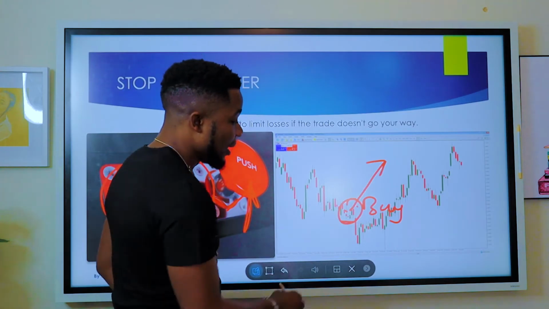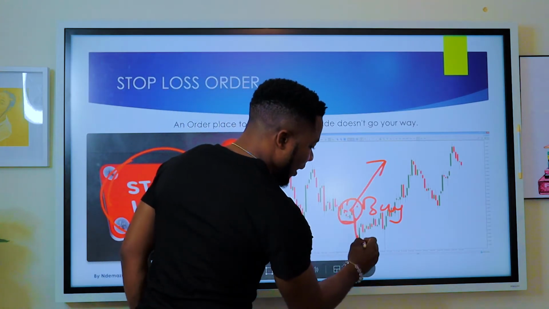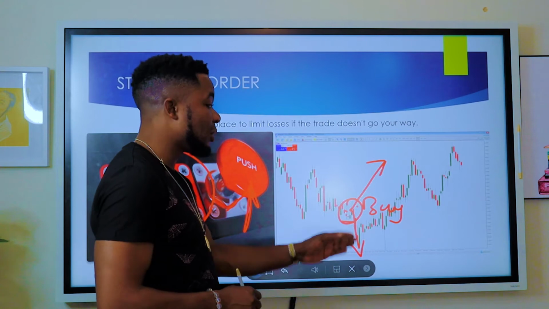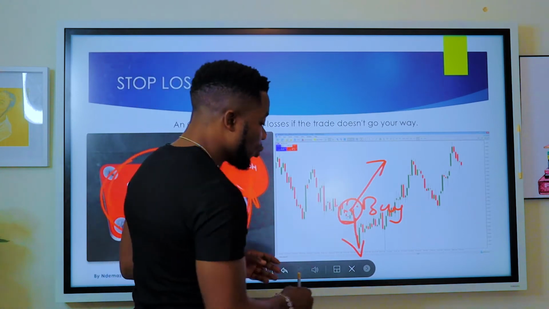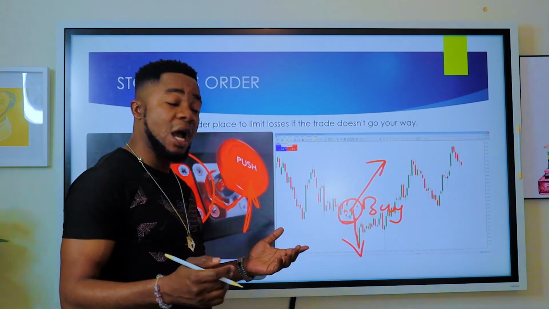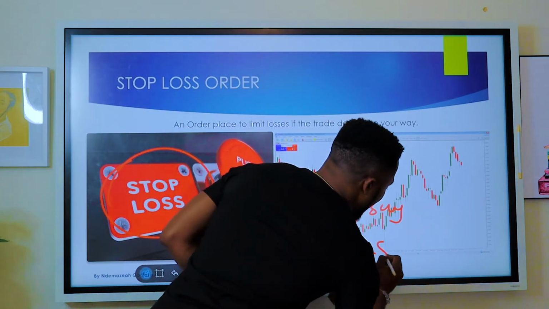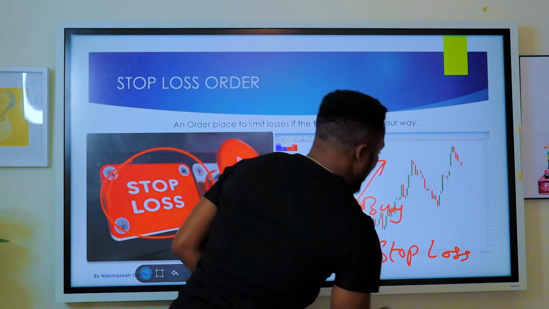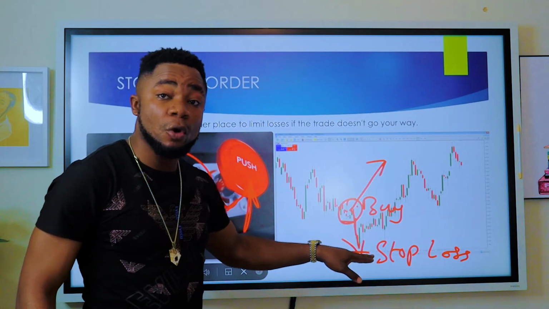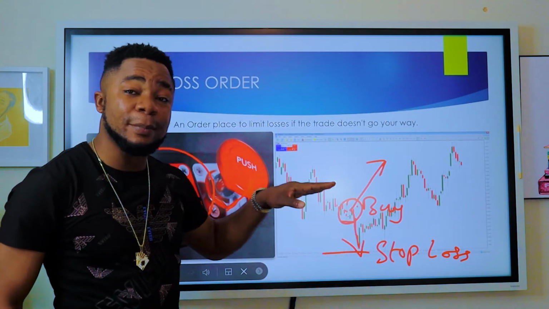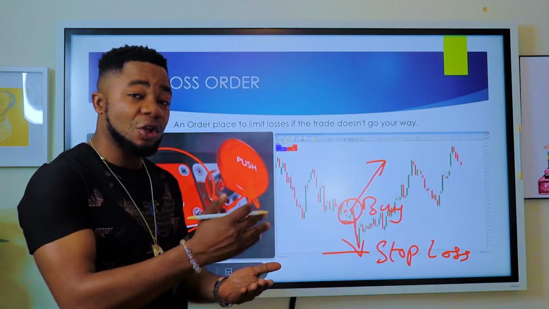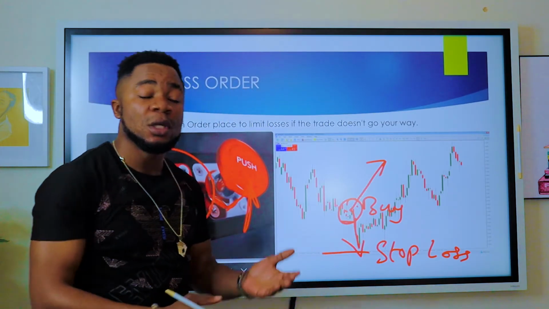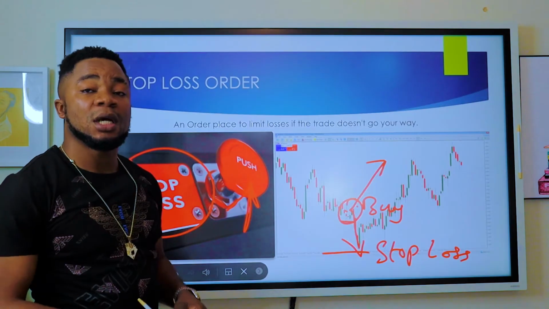Immediately you bought here, the market went against you. The market didn't go in your intended direction. So what will prevent your account from blowing out is what we call a stop loss. You place the stop loss below your position to prevent losses, so that if the trade goes against you, the stop loss will limit those losses.